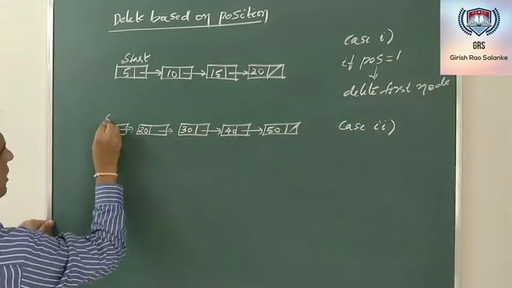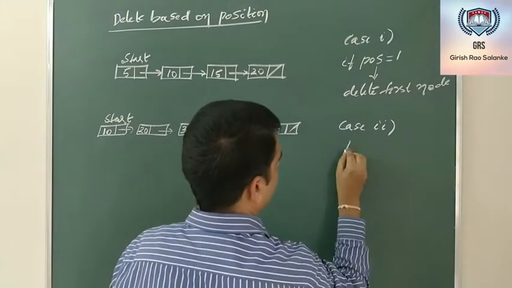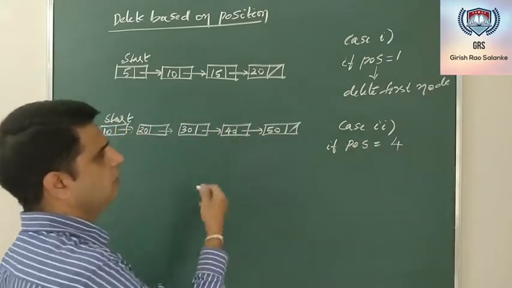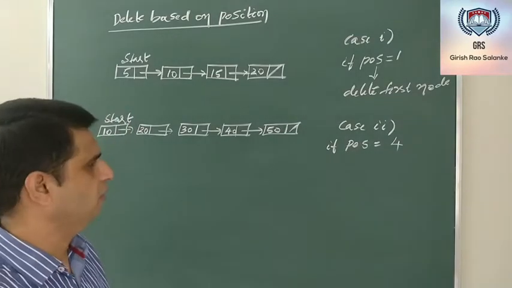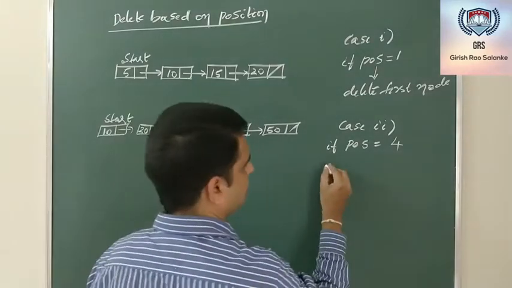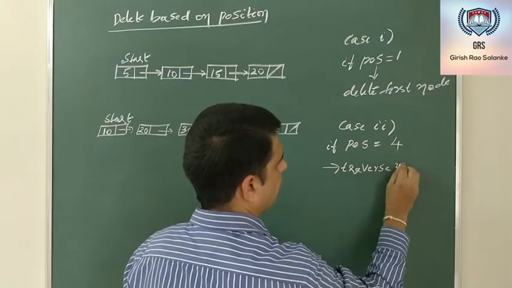So this is my start, which contains the address of my first node. In this case, if the value of position is equal to 4, in the sense I need to delete the 4th node. Anyway I know the address of the first node, so I traverse until the 4th node.